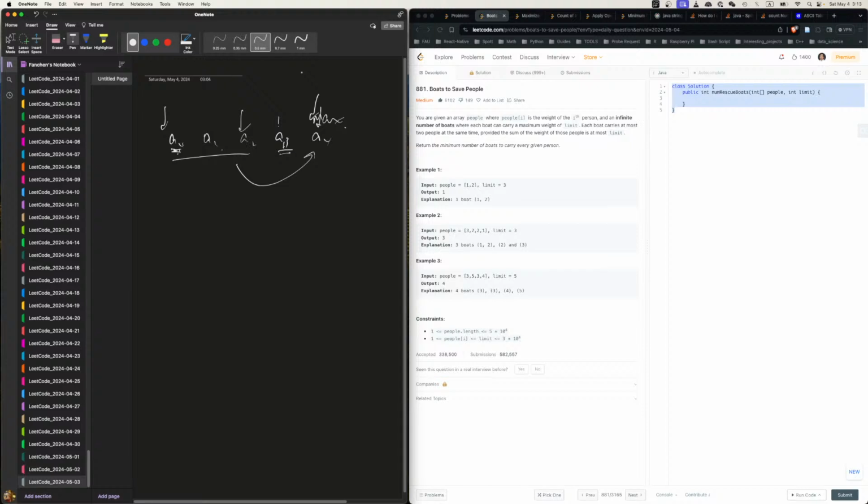Because A4, if it doesn't pair with the smallest, right? If it doesn't pair with the smallest, then A3 can pair. Yeah, because if A4 can pair with all these, then A3 can pair with all these as well. So it doesn't really matter which one to pair, right? Because A3 is smaller than A4.